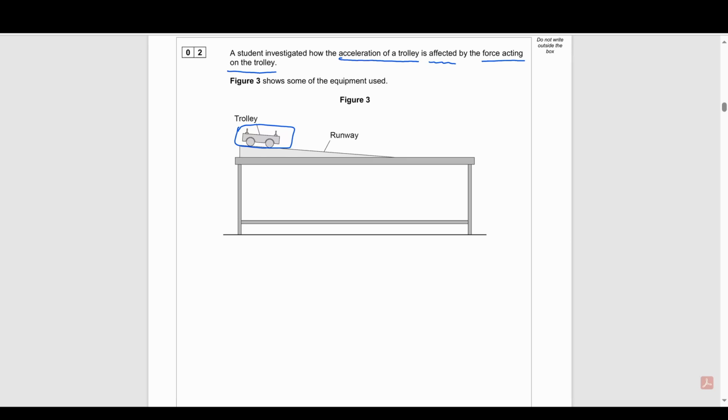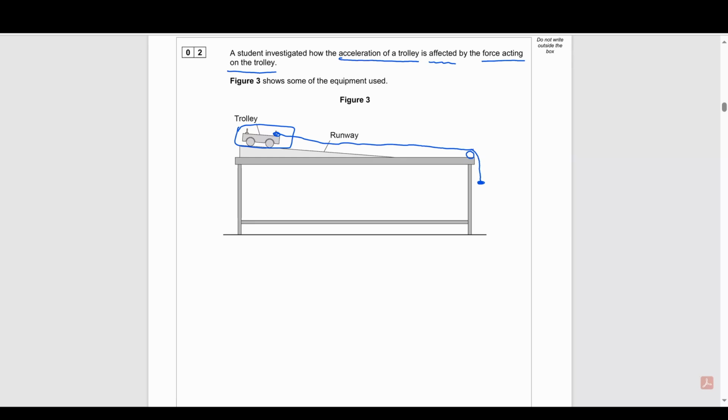Now, one way you can add a mass to a trolley is by attaching a string to the trolley. And then at the end of your runway, you can put a pulley. And then at the end of the string, there will be masses that are attached.